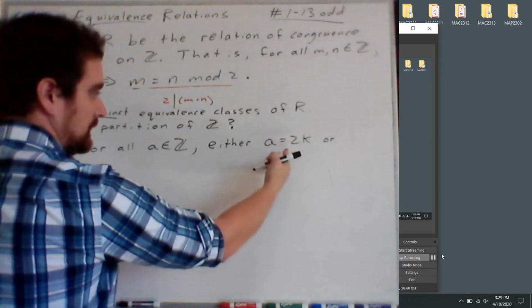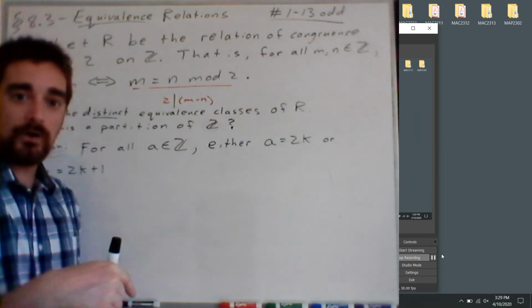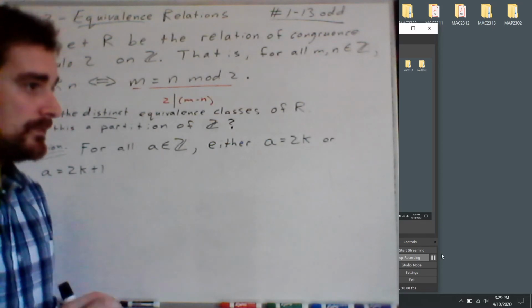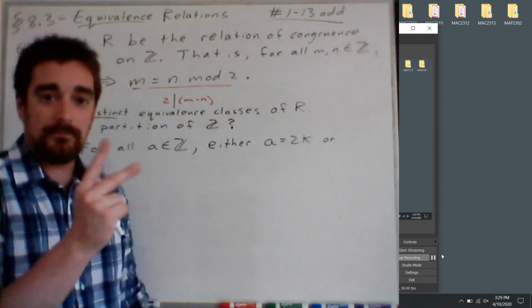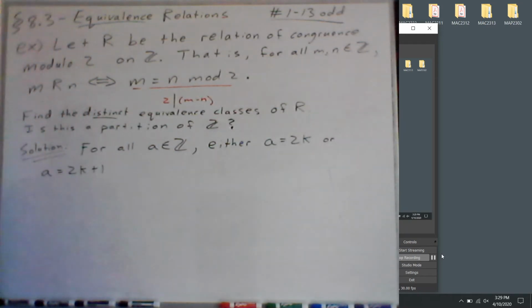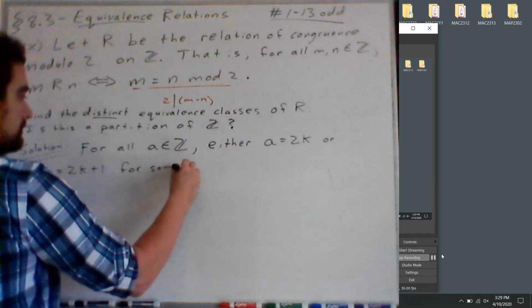Every integer is either even or odd. We remember that way back when we talked about parity. That's called parity of integers. The parity of integers says either integers are in the evens or they're in the odds. And we'll say for some integer k.